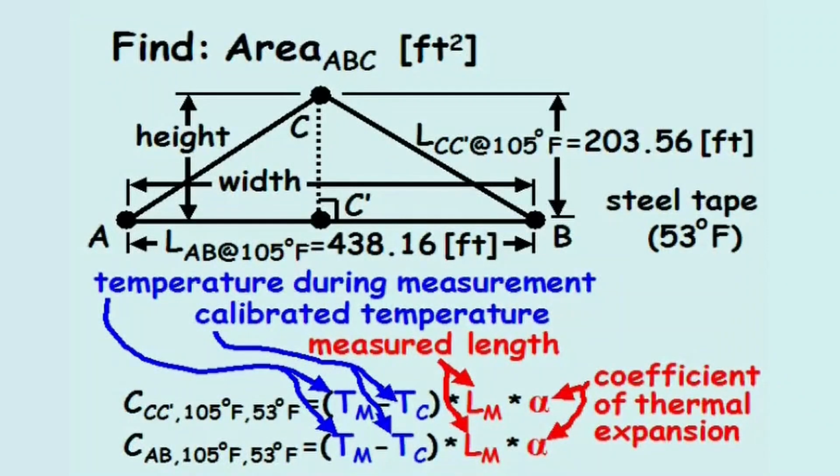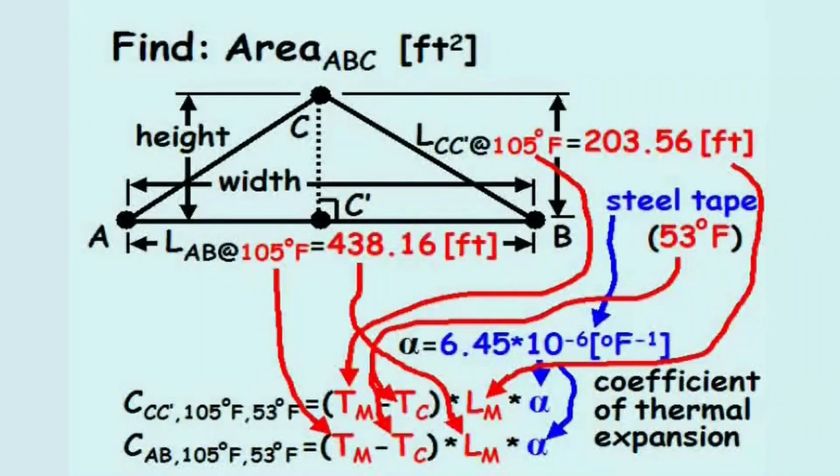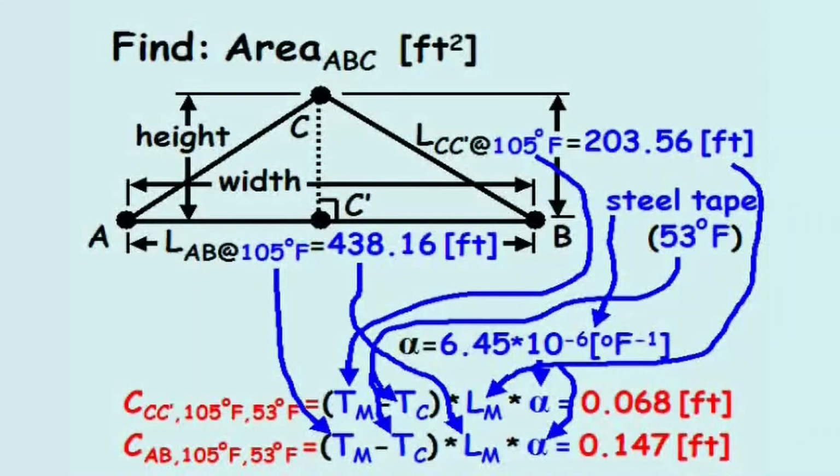Since the problem states the tape is steel, the coefficient of thermal expansion, alpha, equals 6.45 times 10 to the negative 6 degrees Fahrenheit to the negative 1. After plugging in the values for the temperatures and lengths, the temperature correction distances equal 0.068 feet and 0.147 feet for the height and width, respectively.